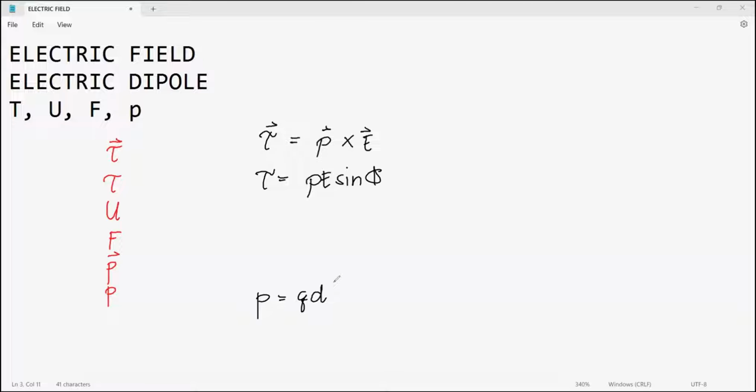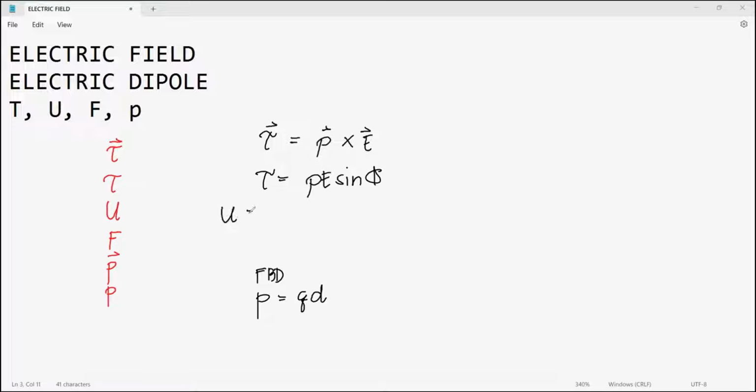Now, if we need the vector of our P, then we're only looking for the direction, and we can get that from our free body diagram. Next, for our electric potential energy, we have a dot product.